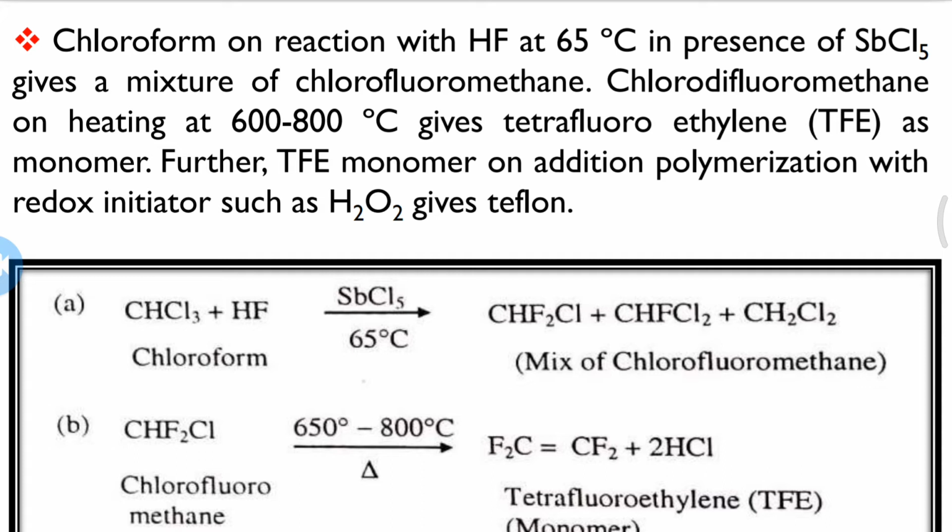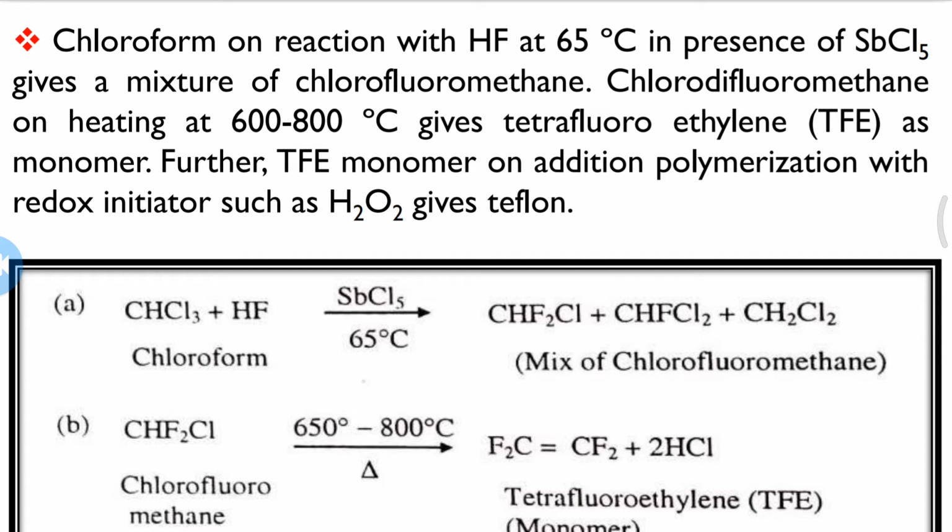Chlorofluoromethane on heating at 600 to 800 degrees centigrade gives tetrafluoroethylene, TFE, the monomer. Further, TFE monomer undergoes addition polymerization with a redox initiator such as H2O2 to give Teflon.